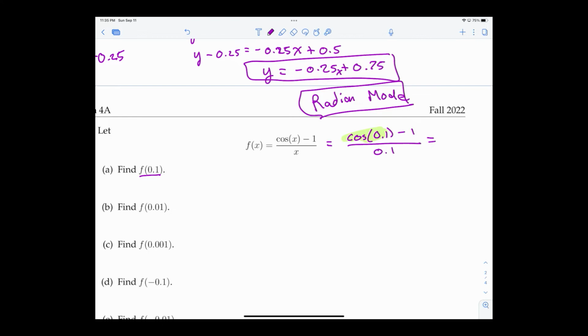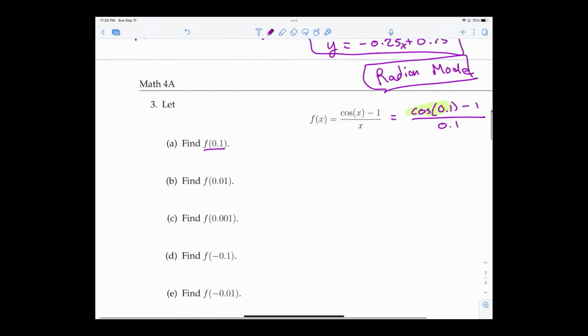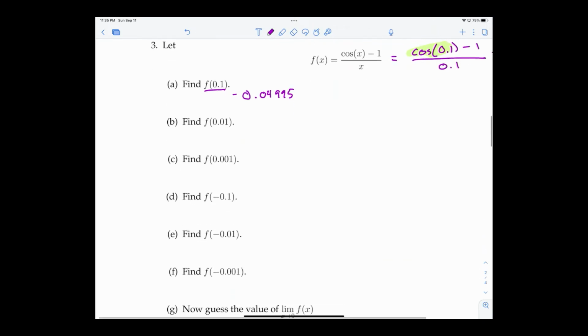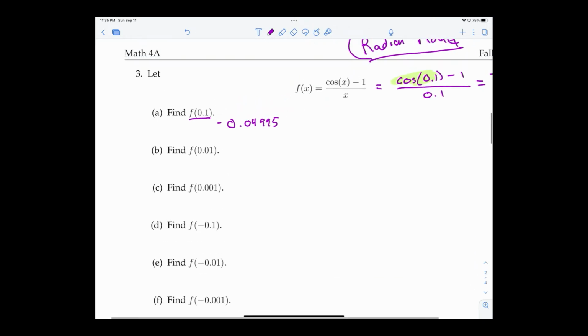So I've got cosine 0.1 minus 1, which is negative 0.004995, over 0.1. So I get, and I'll put this here, negative 0.04995.